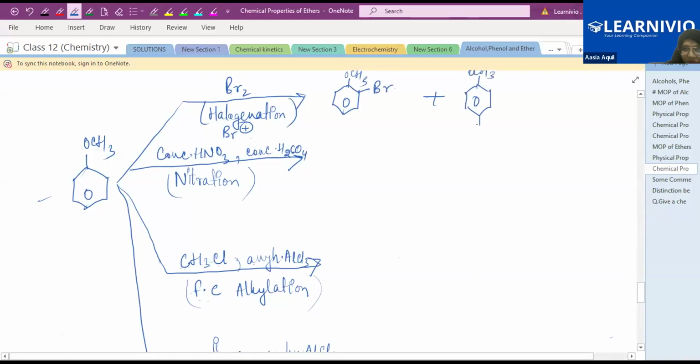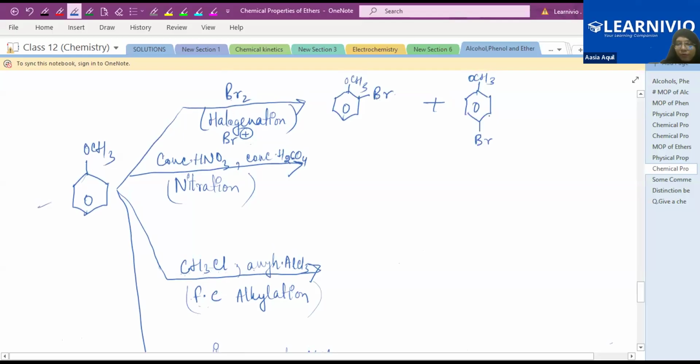And this is your para position, so this bromine will get attached. So it will give you ortho bromo anisole plus para bromo anisole. Getting my point? Yes or no? Yes, ma'am. Okay, so write down: this is your ortho bromo anisole and this is your para bromo anisole.